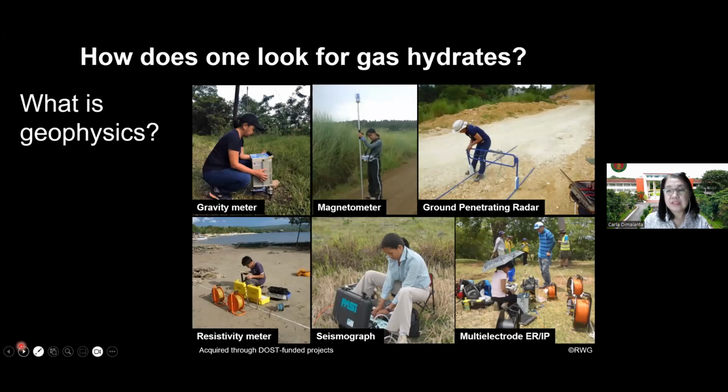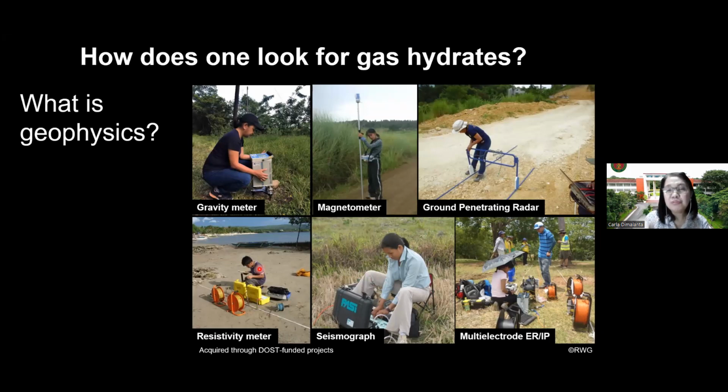So these are just some of the geophysical equipment that we have at the National Institute of Geological Sciences. And we have acquired all this equipment through our DOST funded projects. This equipment that we use for various targets, for various purposes, allows us to obtain measurements, but those measurements do not immediately tell you where the deposit is that you're looking for.